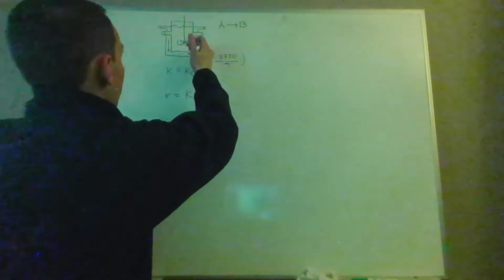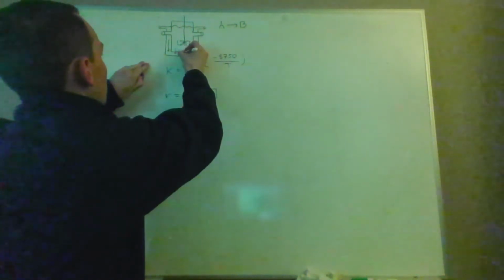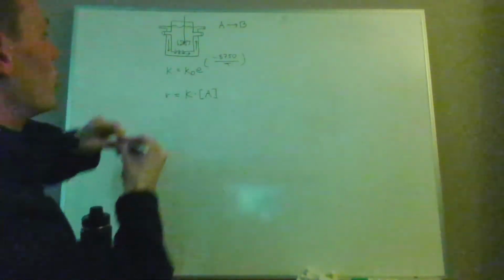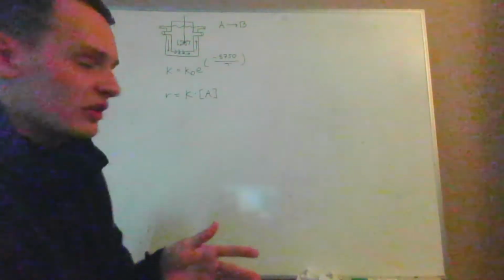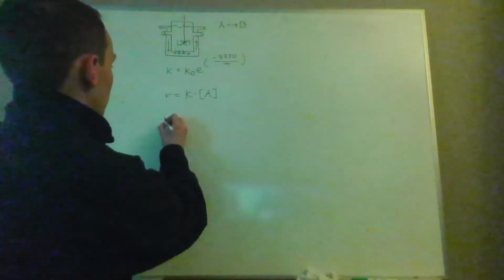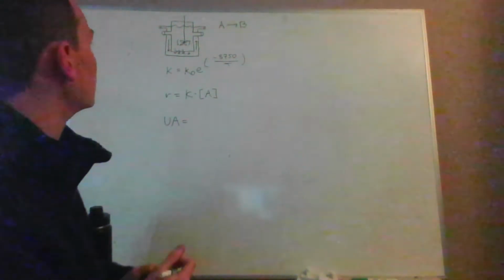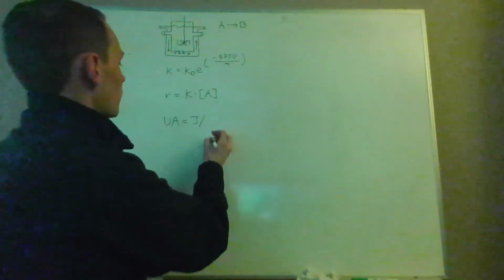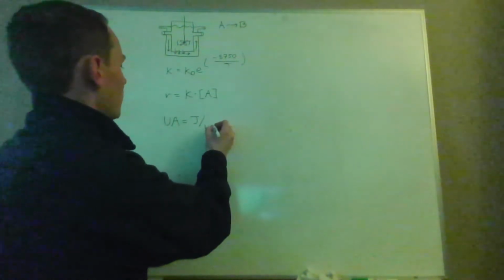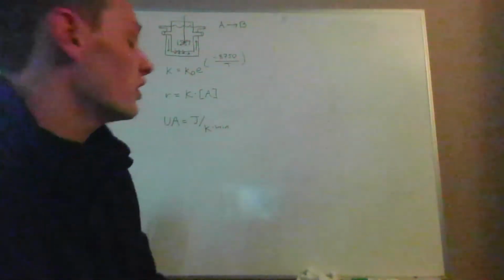So it's going to take in the heat from here into the coolant. That's the whole point. Now we were given something that suggests that, and that was UA, and I believe it was in joules per Kelvin minutes.